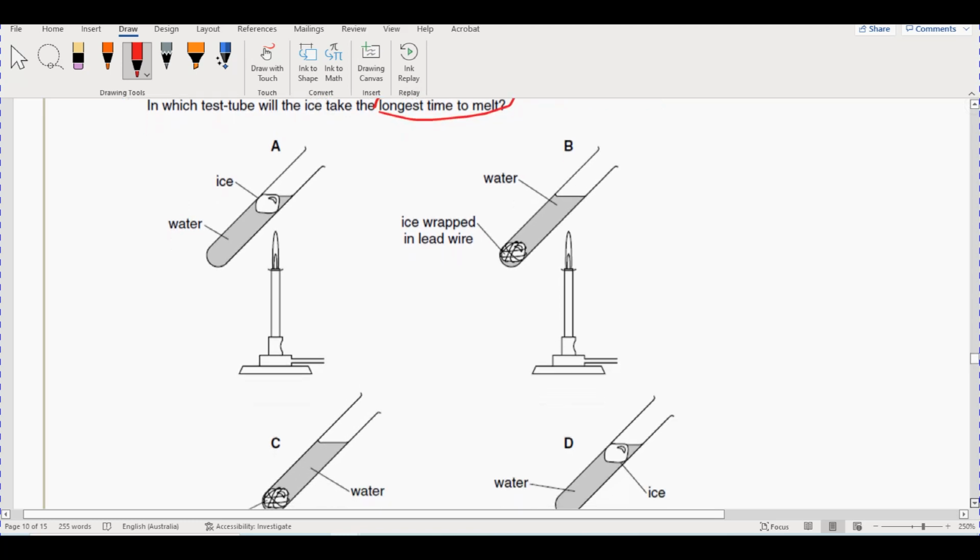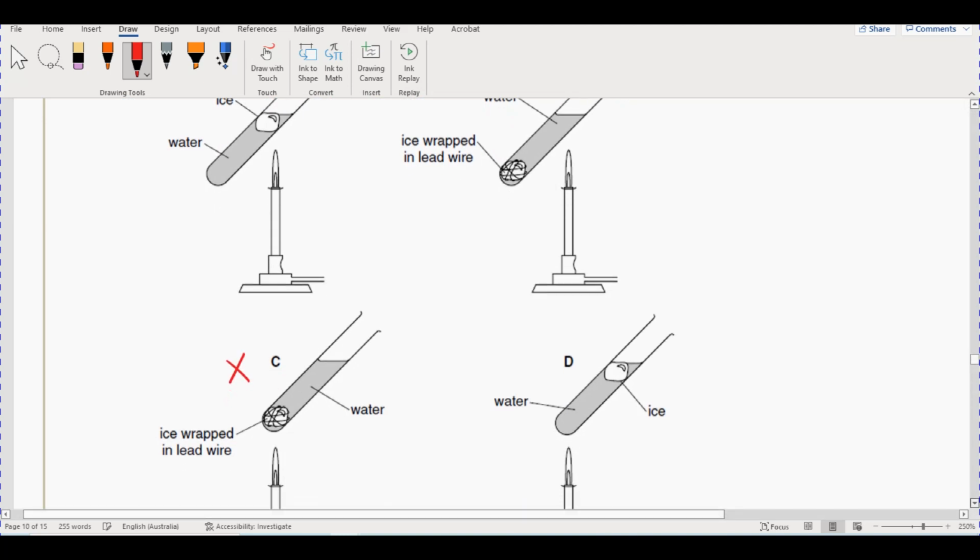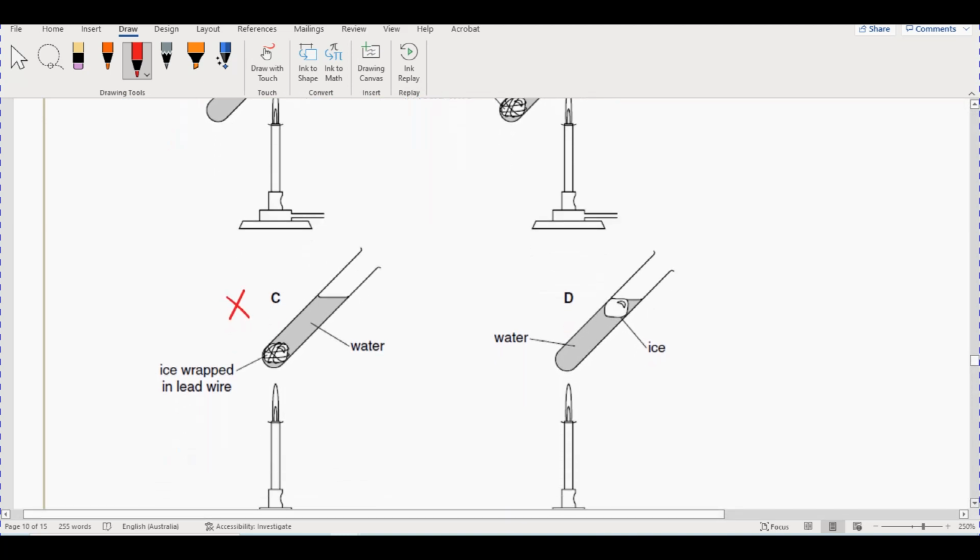So let's see the most unlikely answer. Of course this one won't be the answer, right? It will take the shortest time because the ice is right here. You just heat it right on the bottom, and you could see that would be a convection current right on the ice, because there's heat just right below it.